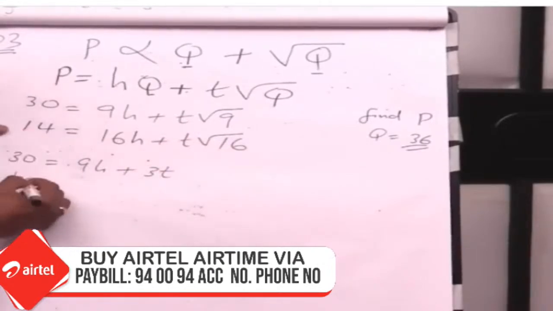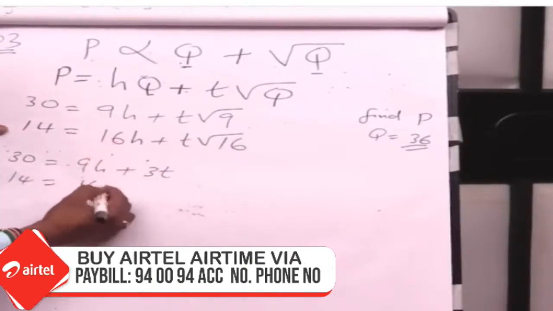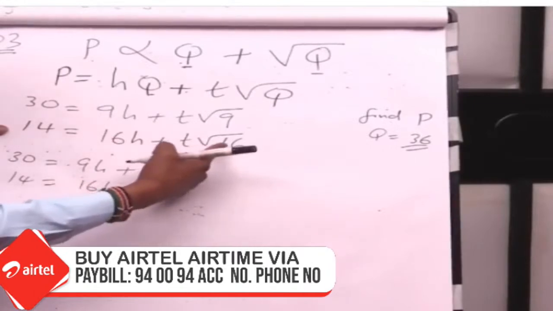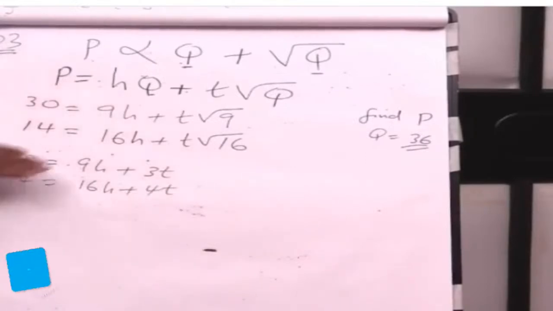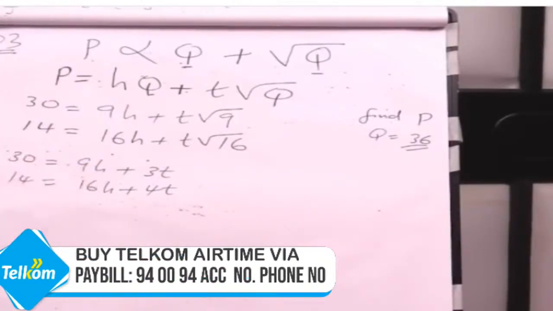Then 14 equals 16H plus the square root of 16, which is 4, times T, so 4T. When you look at these equations, these are called simultaneous equations. We can solve them by either elimination or substitution method, whichever one you prefer.